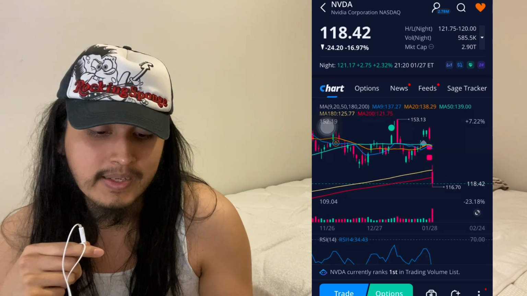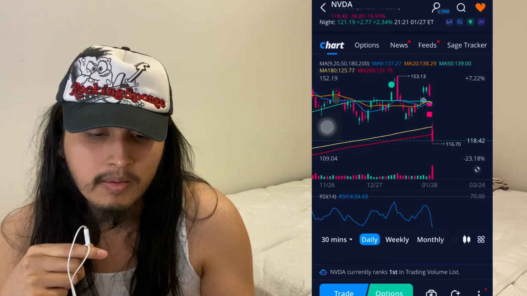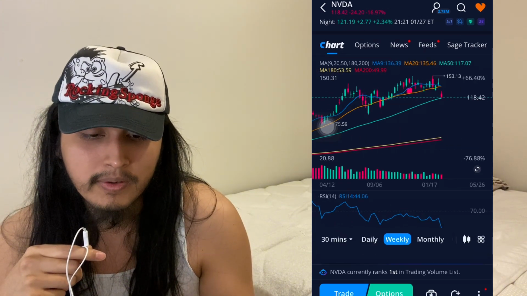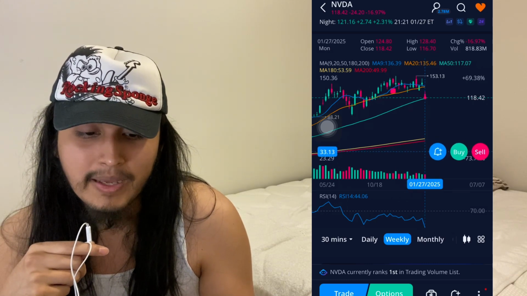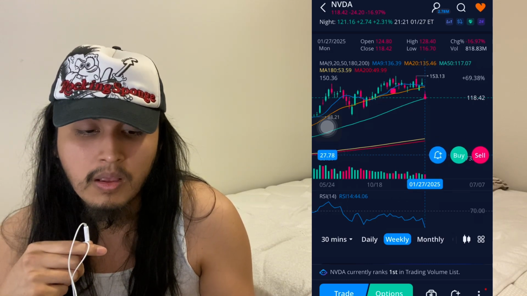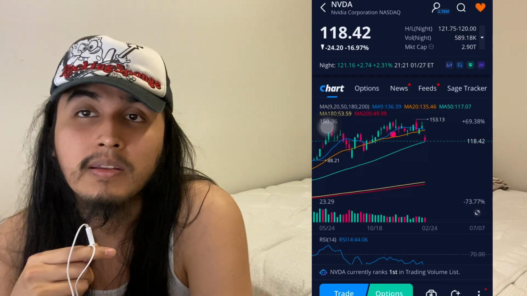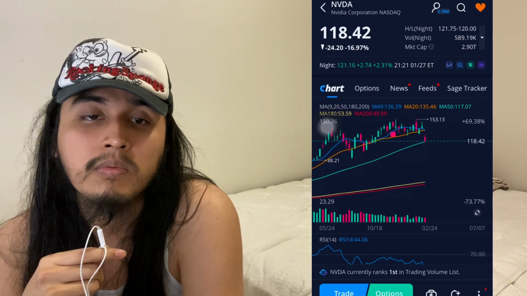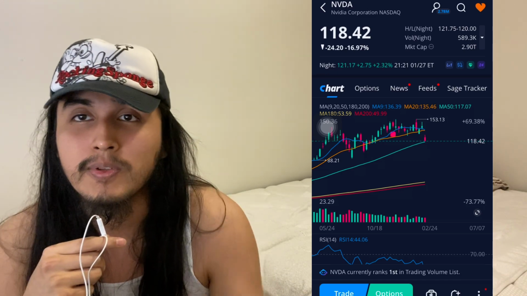And the reason I say that is because it is literally below all of the moving averages. But if you look at it on the weekly chart, it looks like it slightly bounced off the 50-day moving average. So the people who got into Nvidia probably did good trading Nvidia for the short term, right?